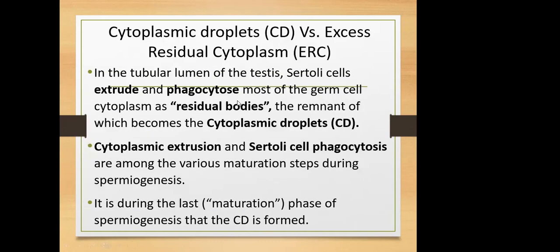Good. So as we said, in the tubular lumen of the testis, Sertoli cells extrude and phagocytose most of the germ cells. Like I've said over and over again, we don't expect the Sertoli cells to phagocytose the entire developing sperm cell.